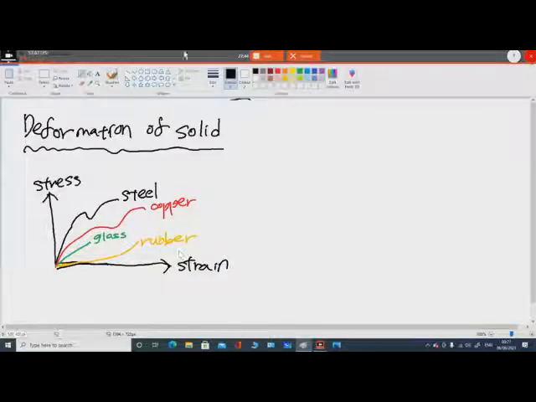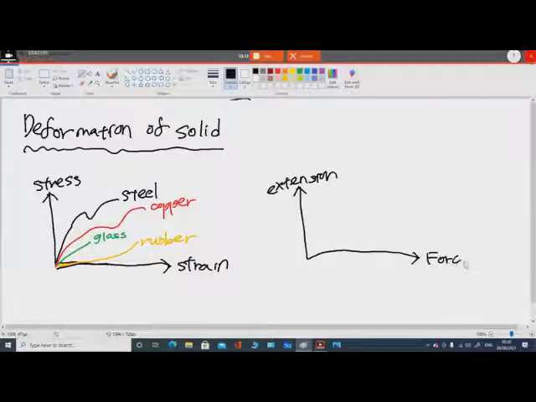Now let me draw another graph for extension and force, since these two graphs are extremely important for us to represent all the materials.